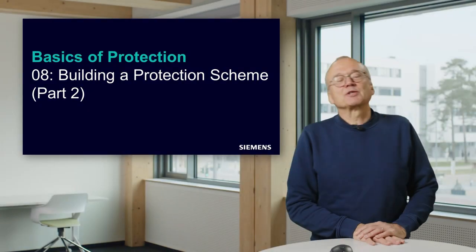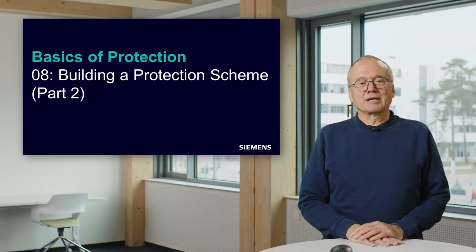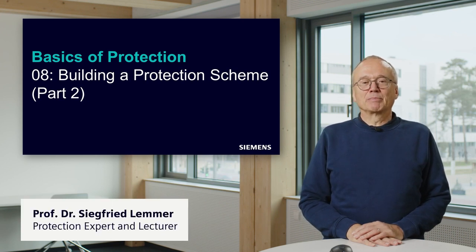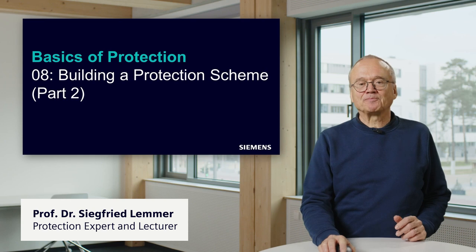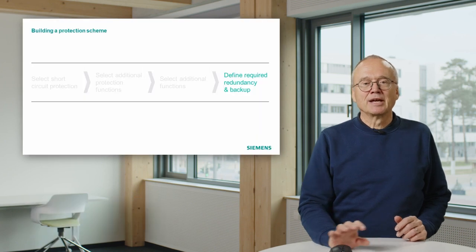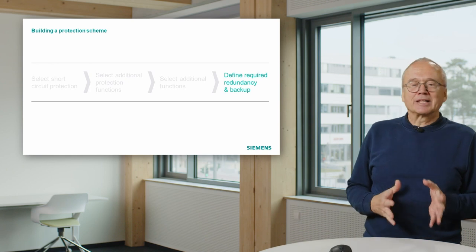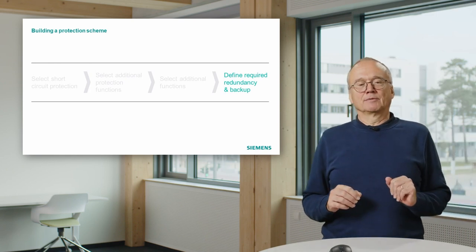So after these considerations about reliability, I would like to do the remaining part of our section building a protection scheme. That means look at the required redundancy and backup level.